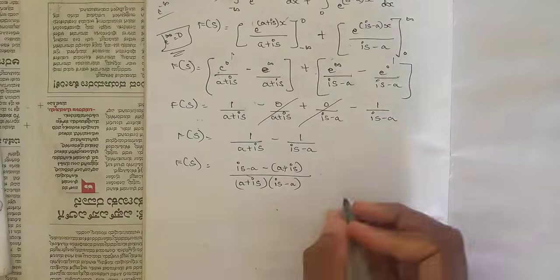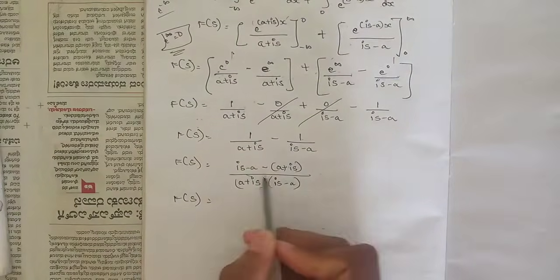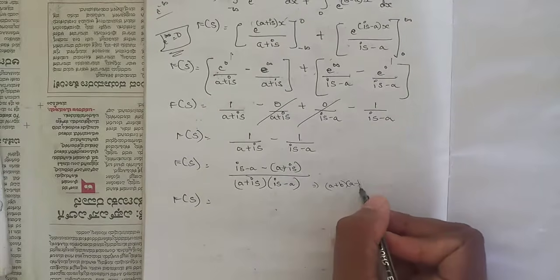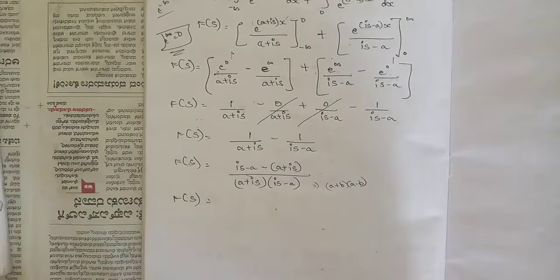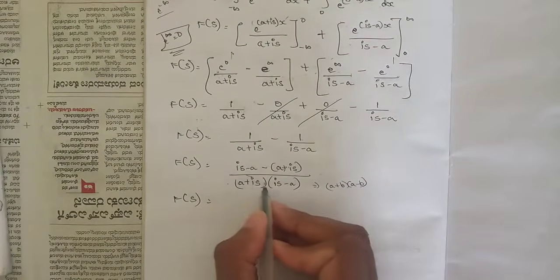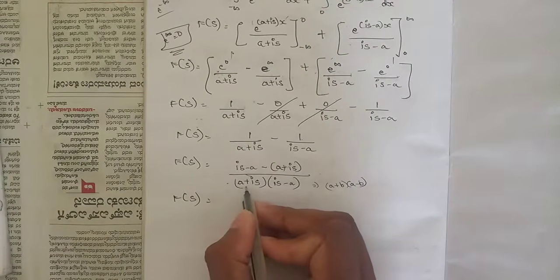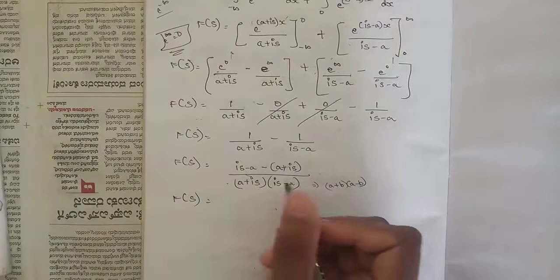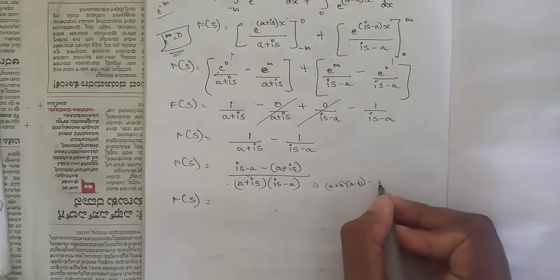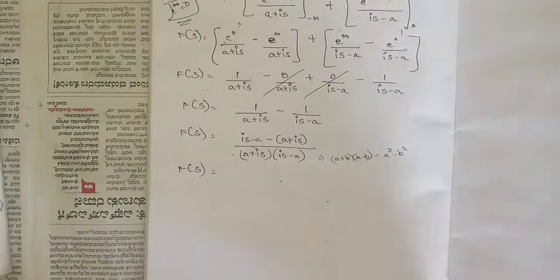To make this denominator of the form a plus b into a minus b, we interchange the places of a plus s as s plus a, so we get s plus a into s minus a. A plus b into a minus b is equal to a square minus b square, so I am going to do the same thing here also.